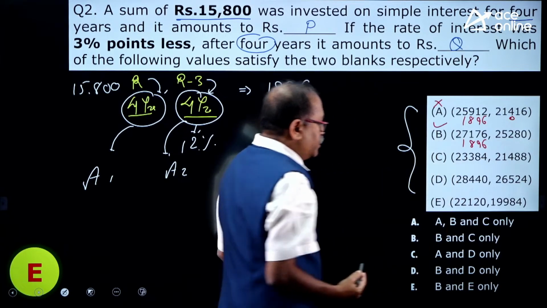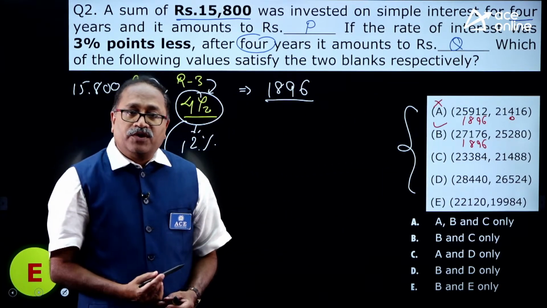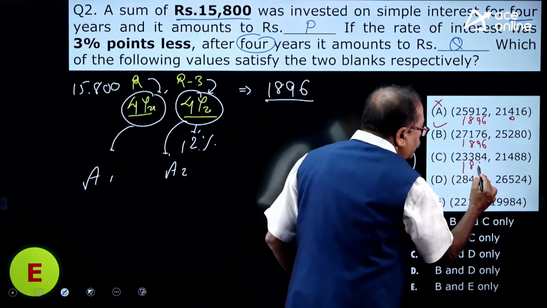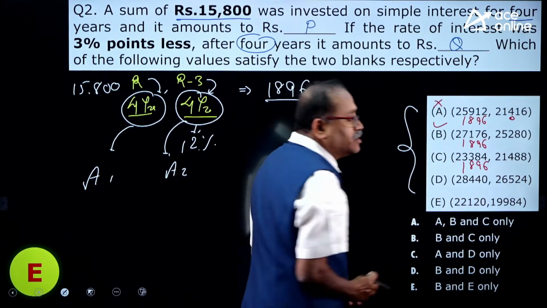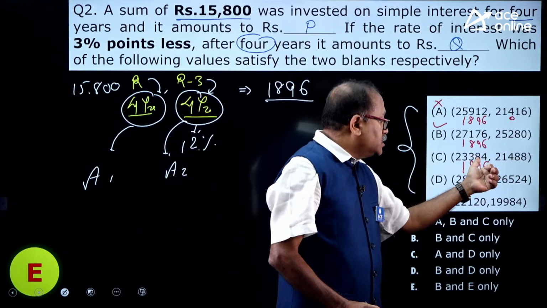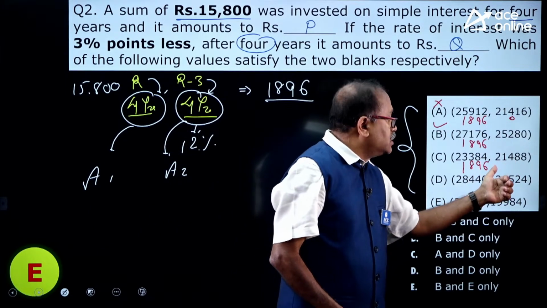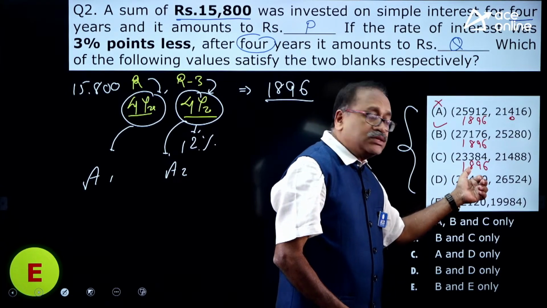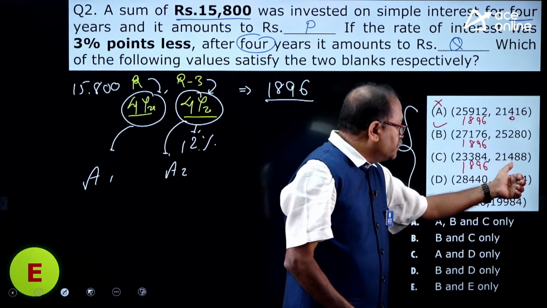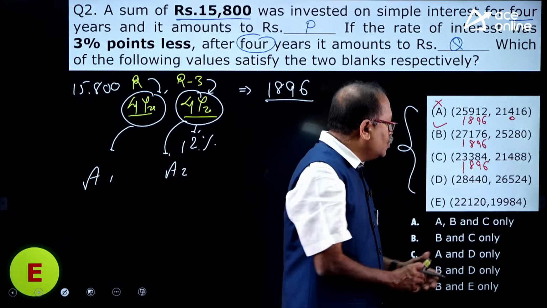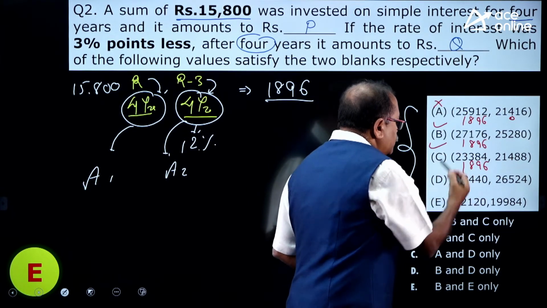So B is correct. You said B and C only. Let's see the difference 1896 from here to here: 14 minus 6 is 8, then 17 minus 9 is 8, that's right, and here 12 minus 8 is 4, that's right, and here 1, 2. Yes, this satisfies.